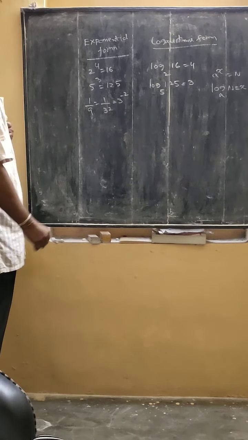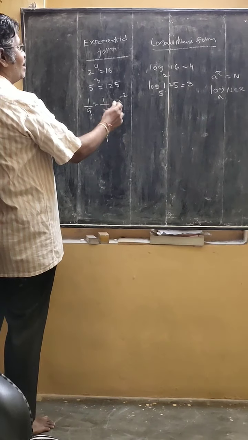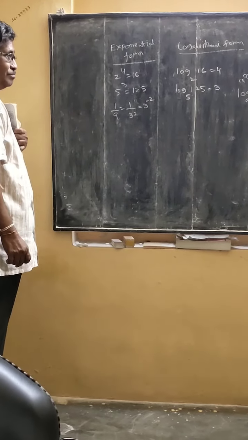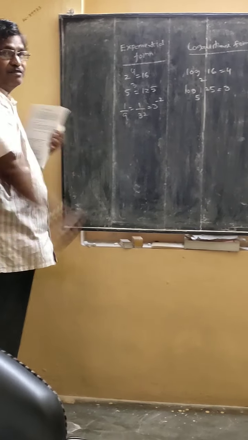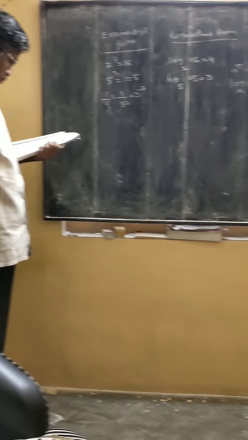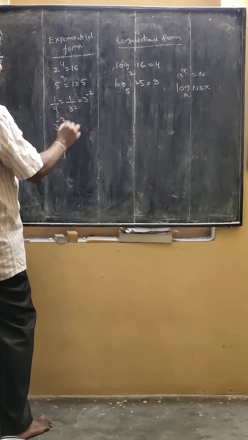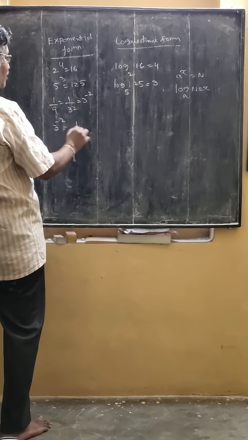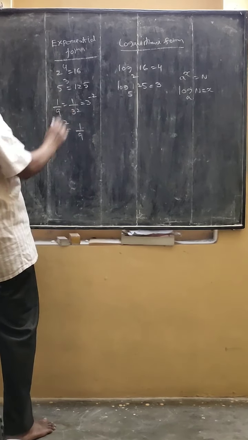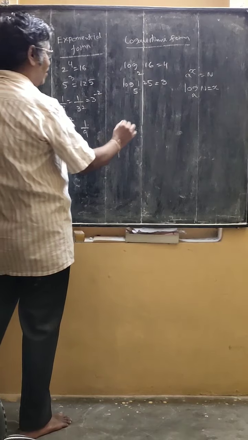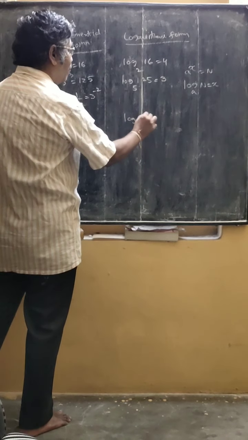What about this one? Here 3 power minus 2 is equal to 1 by 9. How can you write that? For your convenience, write it like this, 3 power minus 2 is 1 by 9. In the place of n, what is that? 1 by 9.